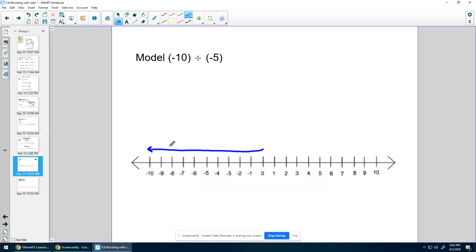Then we have to split -10 into groups of -5. So that's 1, 2, 3, 4, 5. Shown there. And now, it's asking, a negative divided by a negative, we know it's going to be a positive. How many groups of -5 goes into -10? Well, we've drawn it right here, and that is +2.